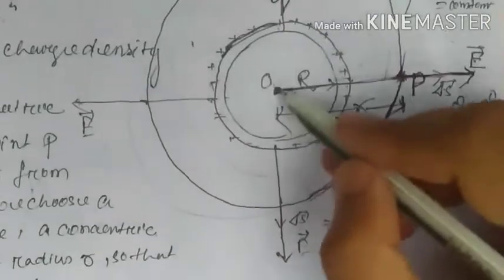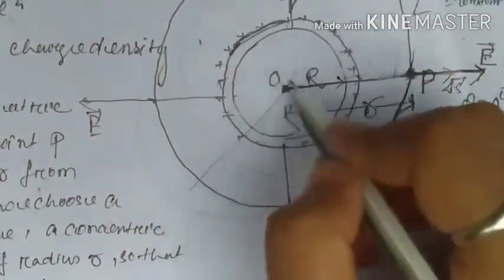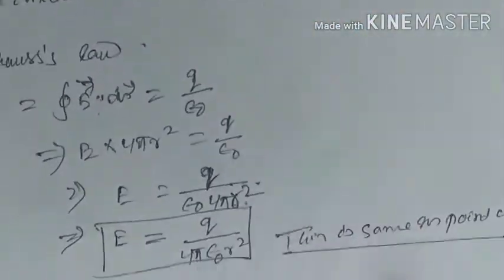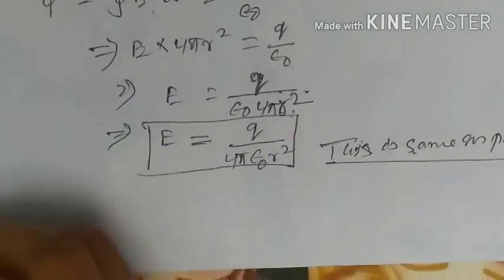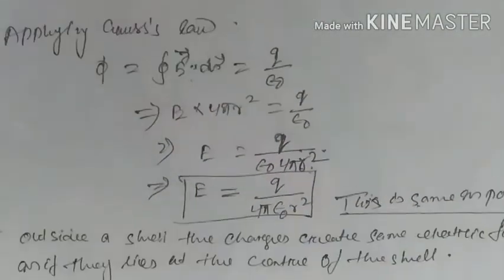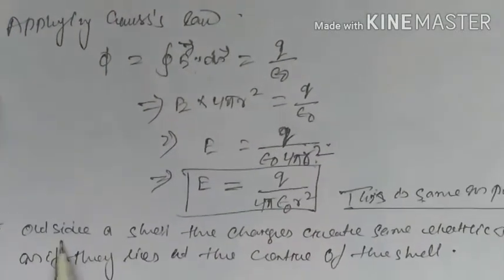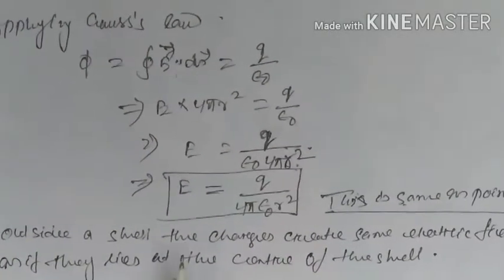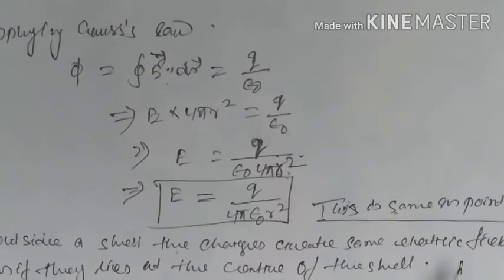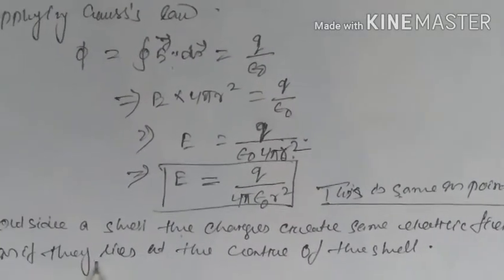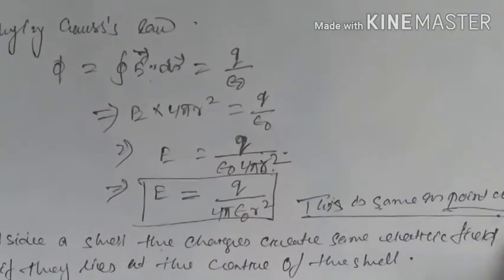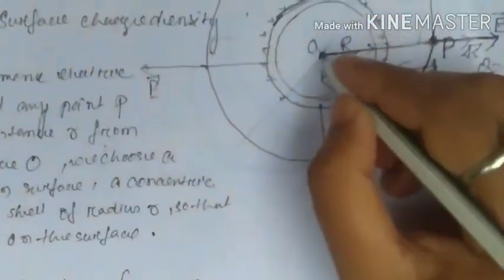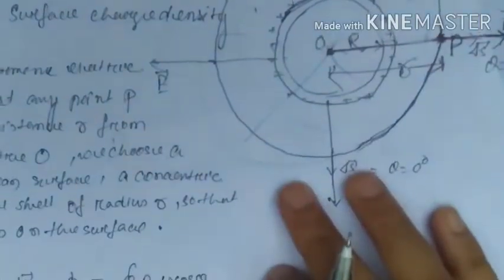Here also the symmetry of radius is there throughout the cell. So we are getting a similar result. So what can we write here? We conclude from the relation that outside a cell, the charges create the same electric field as if they lie at the center of the cell, as if like a point charge at the center of the cell.